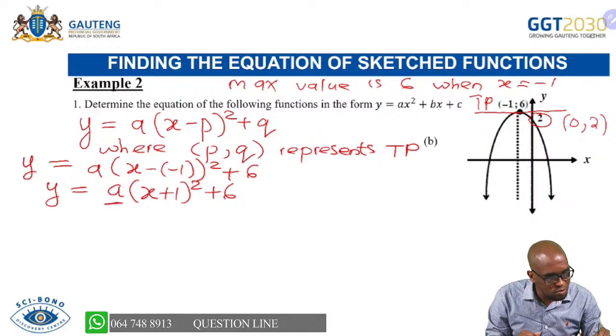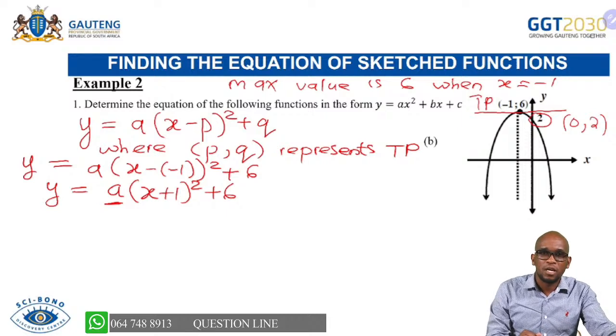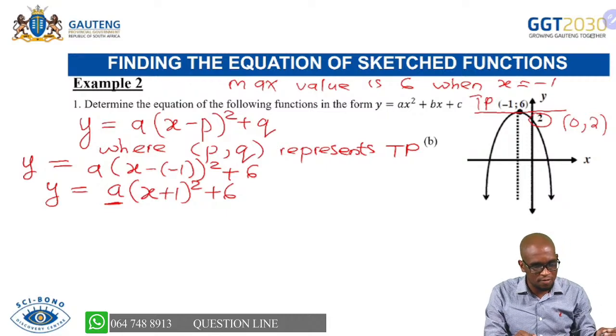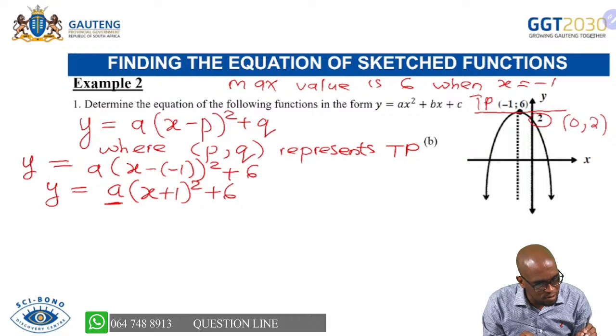Now we need to find the value of a. Like in the one that we worked with in example 1, where we substituted the x-intercepts and then looked for the value of a, here we substituted the turning point and now we are looking for the value of a. How do we find the value of a?